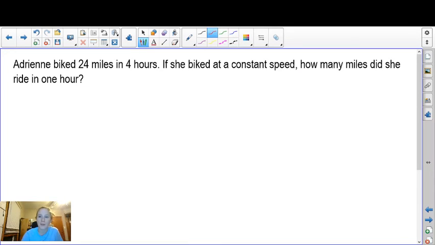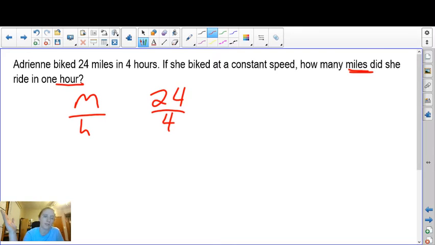So I said math was red. It wants to know miles, and then hours. So miles came first, so miles goes on top, and hours on the bottom. So we did 24 over 4. And this looks like a fraction because it is a fraction. Fractions are just simply division problems, and sometimes we can simplify them and sometimes not.